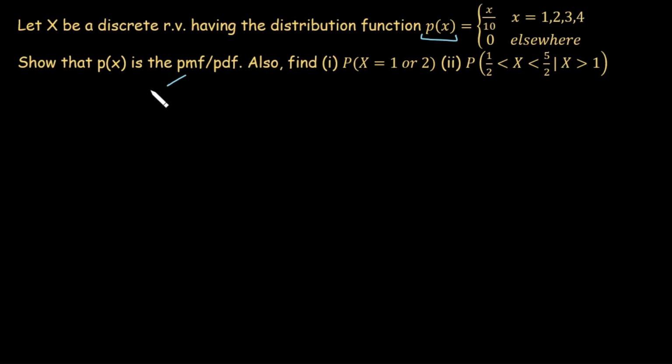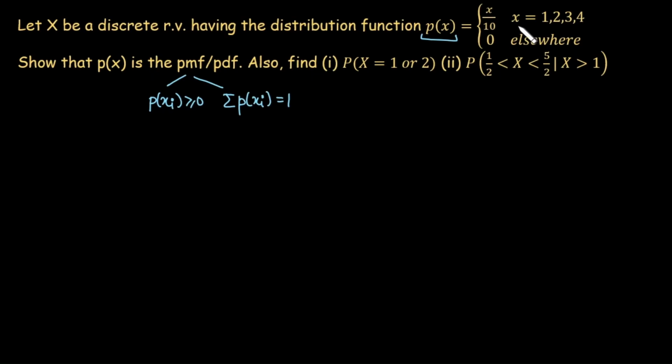The first condition is probability at each random variable is greater than equal to 0. Second, the sum of all the probabilities is equal to 1. So we first need to extract the random variable and corresponding probability. Then we need to analyze whether both the conditions are satisfied in this case or not.